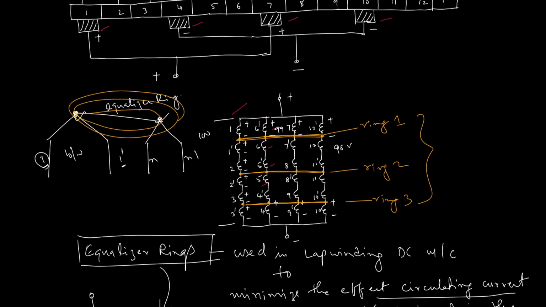Not between 2 and 1 dash, or between 5 dash and 6 dash, but between 1 and 1 dash, 6 and 6 dash, 7 and 7 dash. The purpose of the equalizer ring is to minimize or eliminate the circulating currents, and I have mentioned the various causes of unequal voltages. So this is the main idea about the equalizer rings used in lap windings.